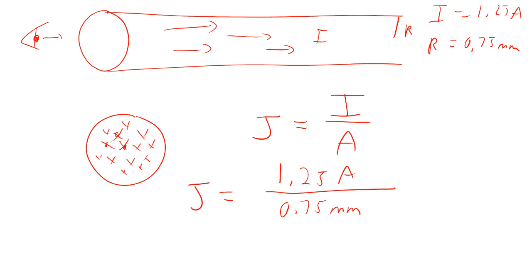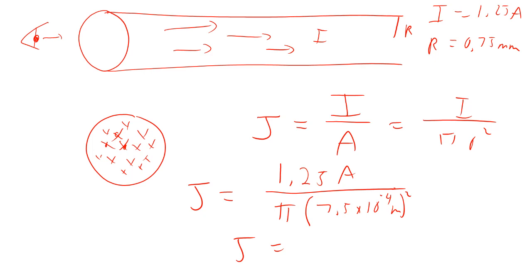Actually, that's wrong in several ways. That should be area, and the area is pi r squared. So this is I over pi r squared, and what you'd want is pi times 7.5 times 10 to the minus 4 meters, squared. And so that's going to be equal to 7.07 times 10 to the fifth amps per square meter. So there is your current density.